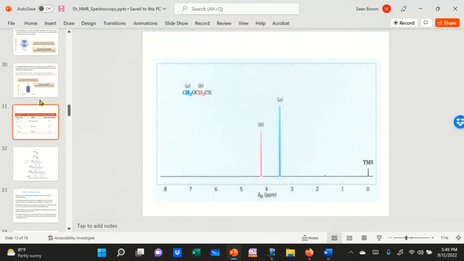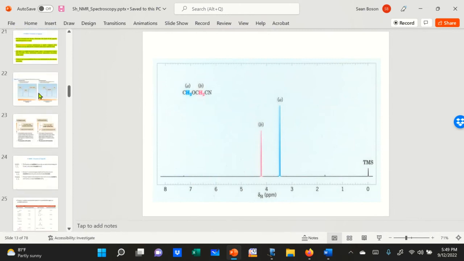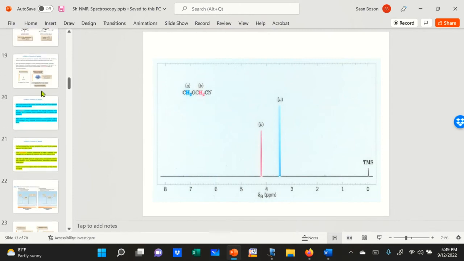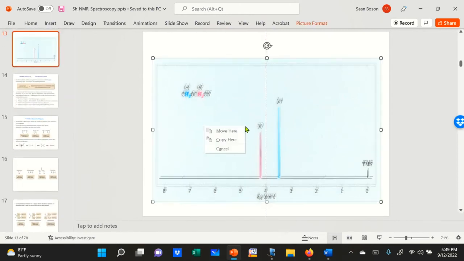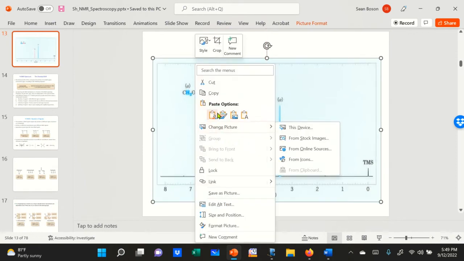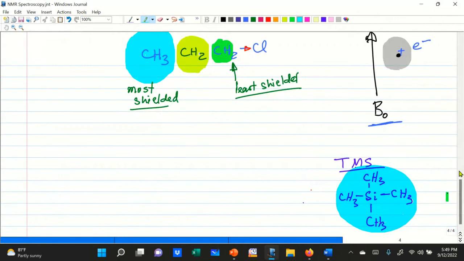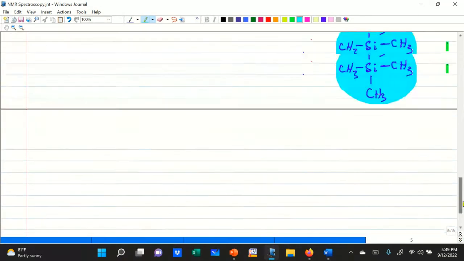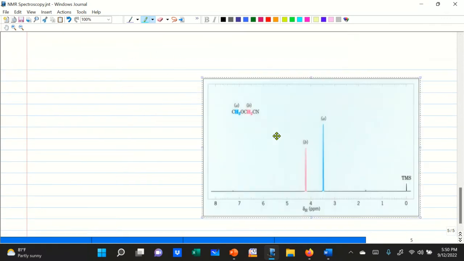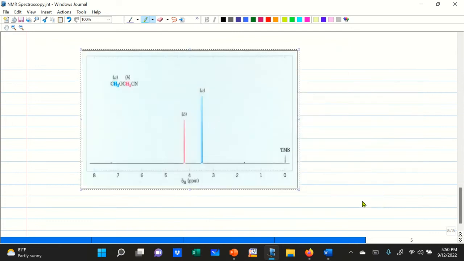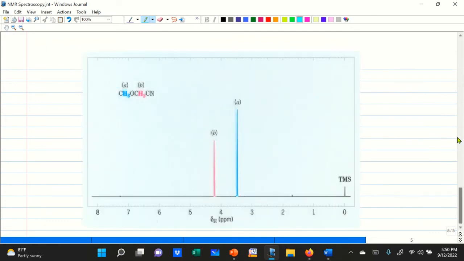aspect of protons. I can use the same diagram and copy and paste to write on it. Copy it. So that would be helpful for you. I am still giving you a super concentrated lecture. As you can see, it still requires a lot of time if I wish to cover the basics and take you to advanced level.